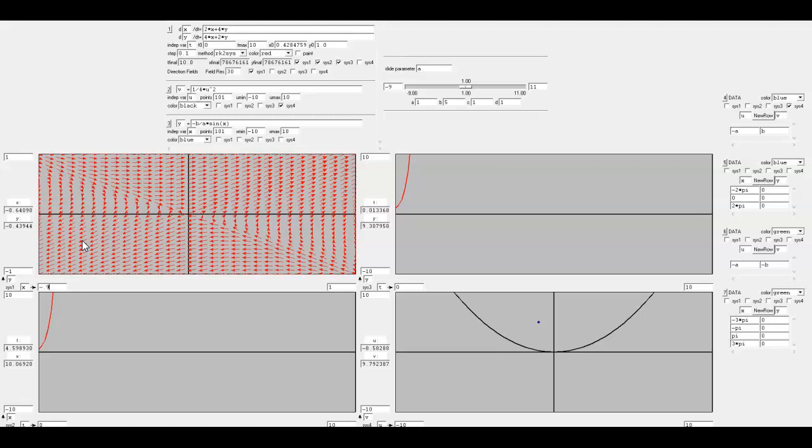Not sure why. Inside of here, we can change the initial condition, and you can see what happens depending on where that initial condition starts. If I move that initial condition down far enough, you see that it falls into a different region of behavior. And all of these regions lead to the same type of behavior, moving along this arc.